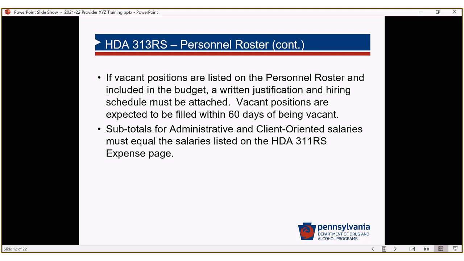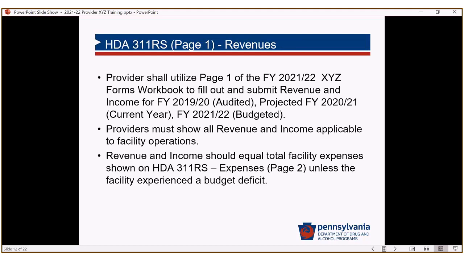We're looking for all positions identified at the facility, the total annual salary, and the number of hours worked. If you take a look at the actual forms, you'll see that it is broken out into administrative and client-oriented.